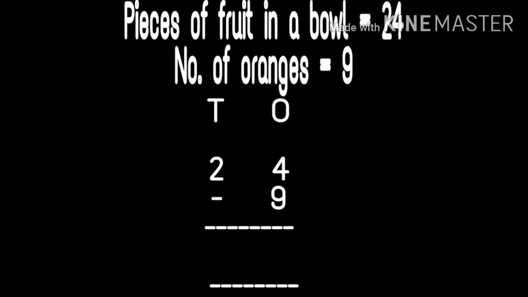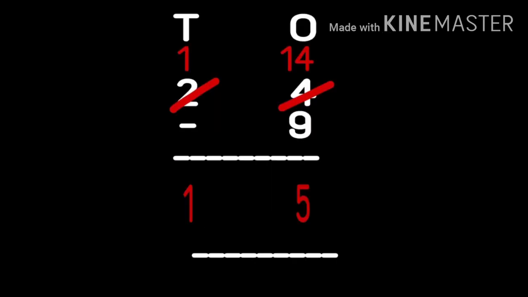is equal to 9. Now children, we will arrange the numbers under the columns of ones and tens. In the number 24, 4 will be placed at the ones column and 2 at the tens column. 9 will be placed at the ones column. Now we will subtract these numbers. Look at the ones column. 4 minus 9. Can we subtract 9 from 4? No. So we will borrow from the tens digit, from the 2.